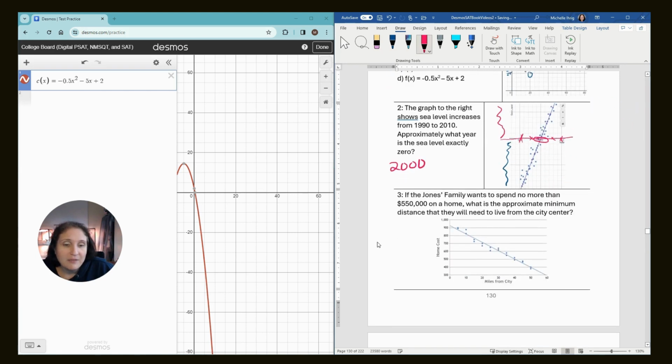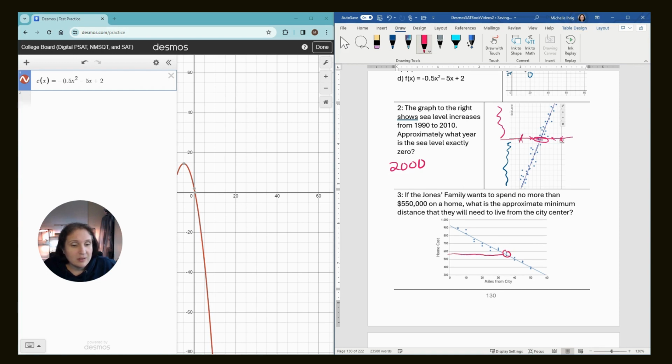Number 3, if the Jones family wants to spend no more than $550,000 on a home, what is the approximate minimum distance that they will need to live from the city center? So basically, here's our home cost in hundreds of thousands. Here are the different options. They don't want to go higher than 550, which is about here.